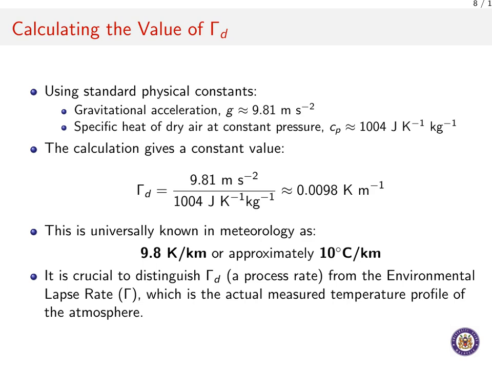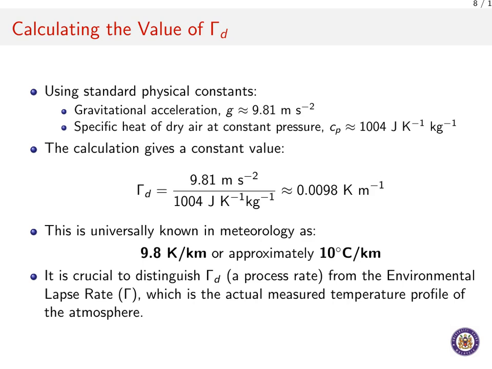When we perform the calculation, dividing g by C sub p, we get a value of about 0.0098 Kelvin per meter. Now, in meteorology, we usually talk about temperature changes over kilometers, not meters. So we convert this and it becomes 9.8 Kelvin per kilometer. For most practical purposes, we can round this to a very convenient 10 degrees Celsius per kilometer.